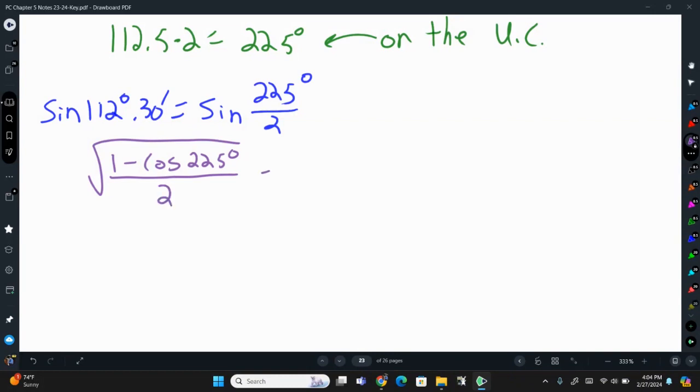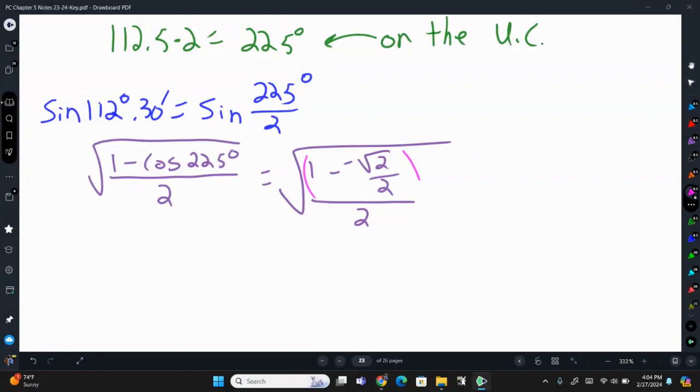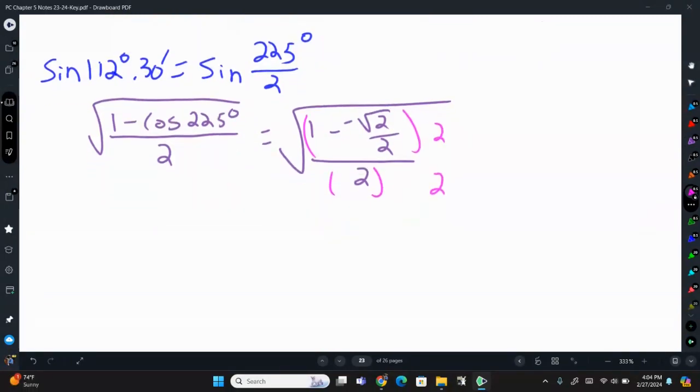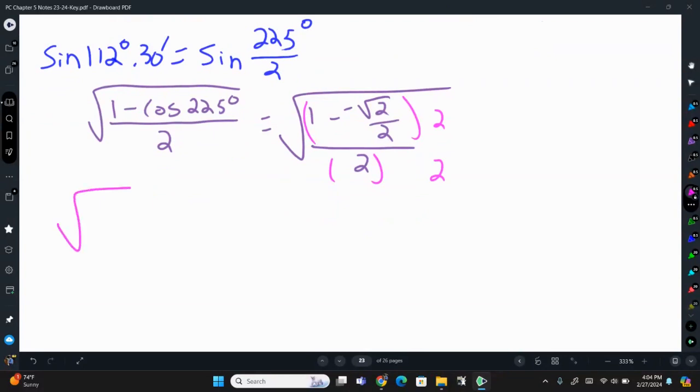So then the cosine of 225 degrees is negative square root of 2 over 2. Now, just like we did above, we're going to multiply the top and bottom of the big fraction by 2. And that's going to give us the square root of 2 plus the square root of 2 over 4, because we have minus minus right here.